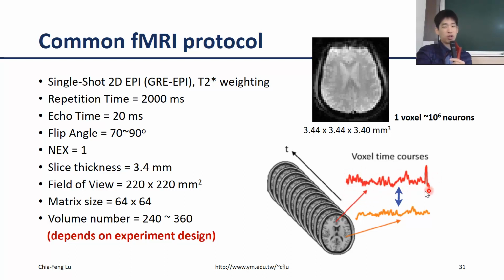Again, the horizontal axis is the time with the 2-second interval, and the vertical axis represents the signal intensity. If a brain activation happens, you may observe an increase of the BOLD signal at a certain time point.